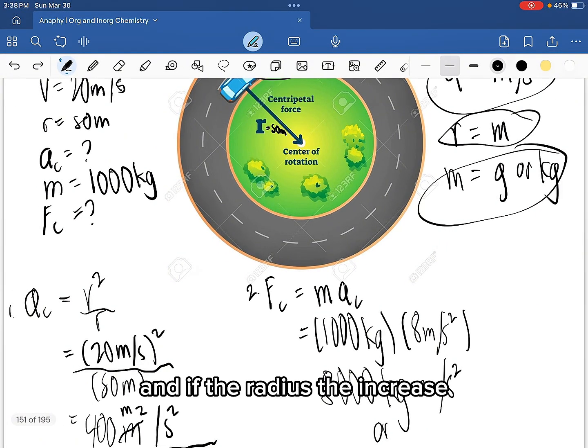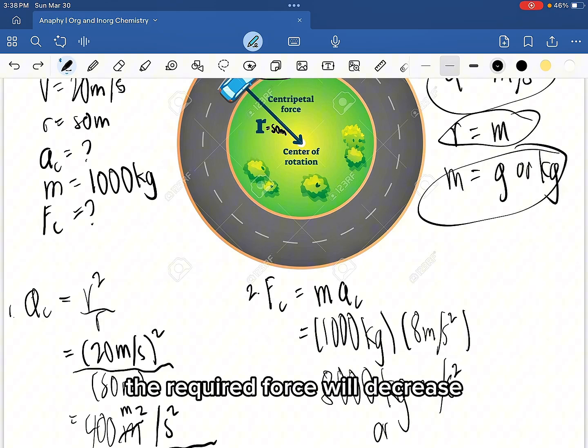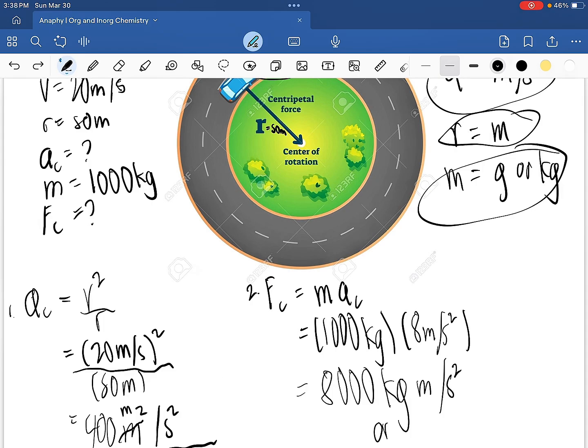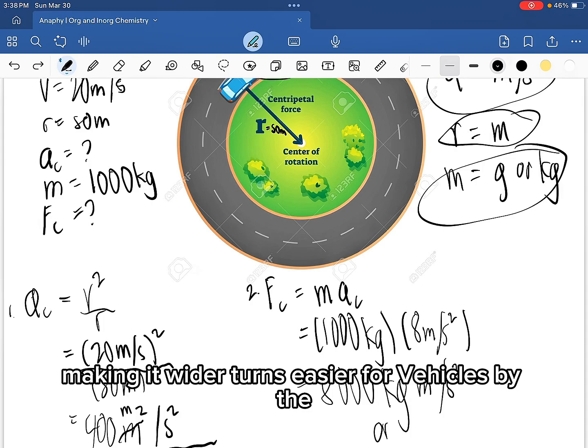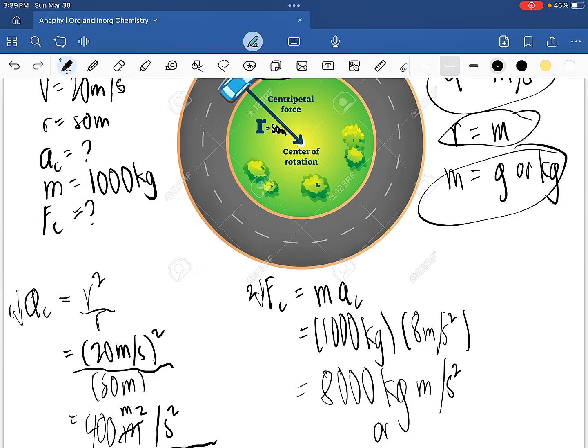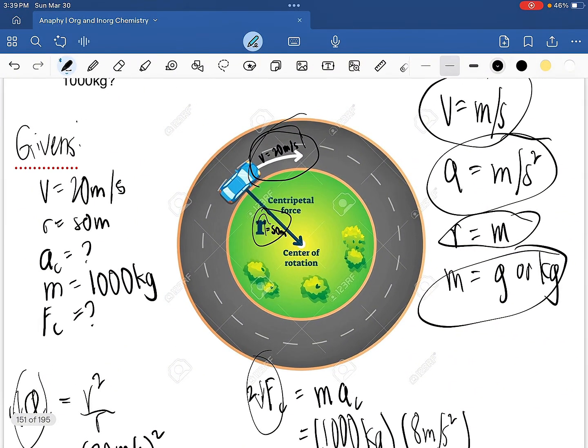And if the radius is increased, the required force will decrease, making wider turns easier for vehicles. Ay, hindi. Pag tumaas pala yung radius, bababa to. It will decrease.